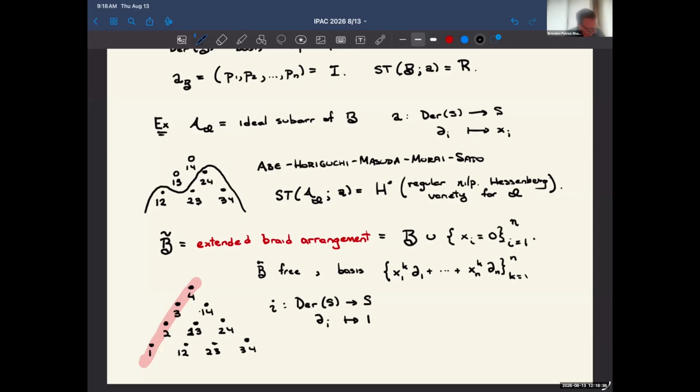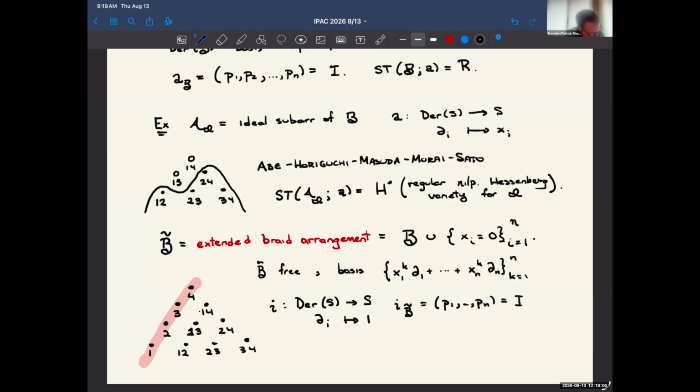And well, if you think about it, if I were to apply this very simple map to this basis, what I would get is the ideal generated by the power sums, i.e., the standard coinvariant ideal.